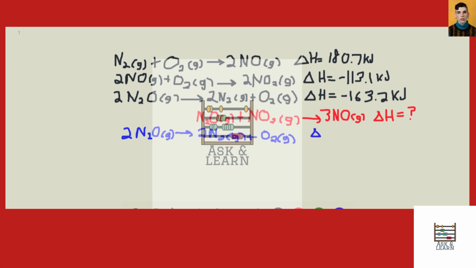So we have delta H is equal to 180.7 kilojoules.